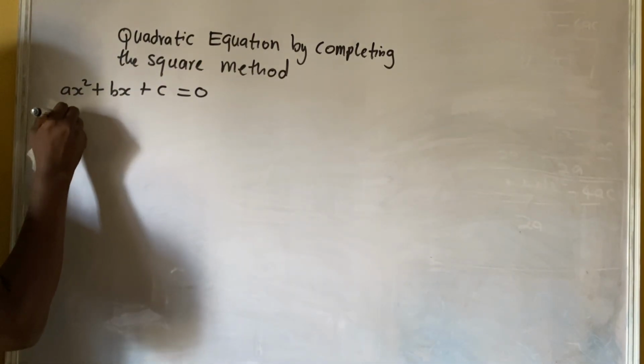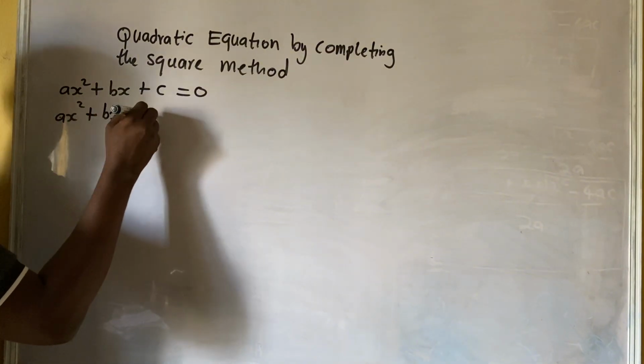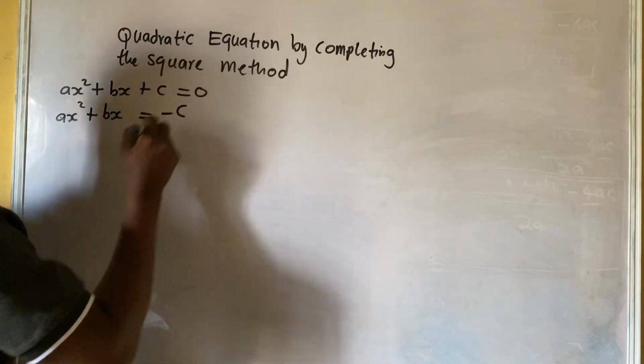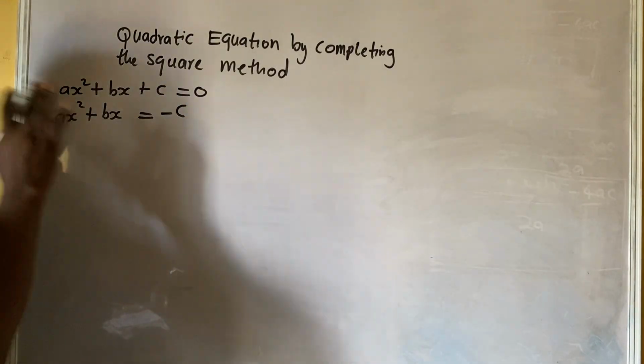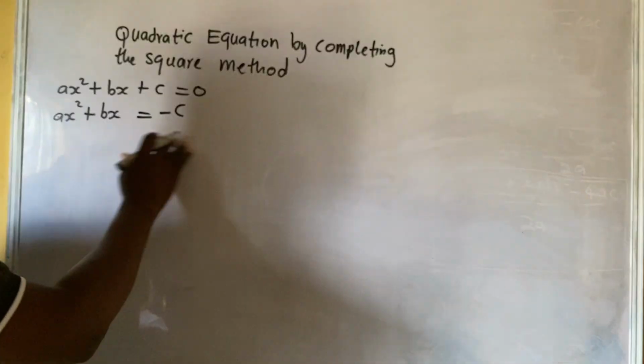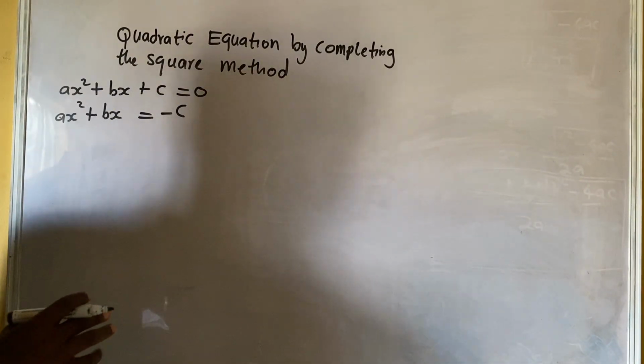That will give us ax squared plus bx is equal to what? Minus c, crossing over. Right? So once we have done that, the next thing for us to do is to divide all through by the coefficient of x squared, right? So let's do that.